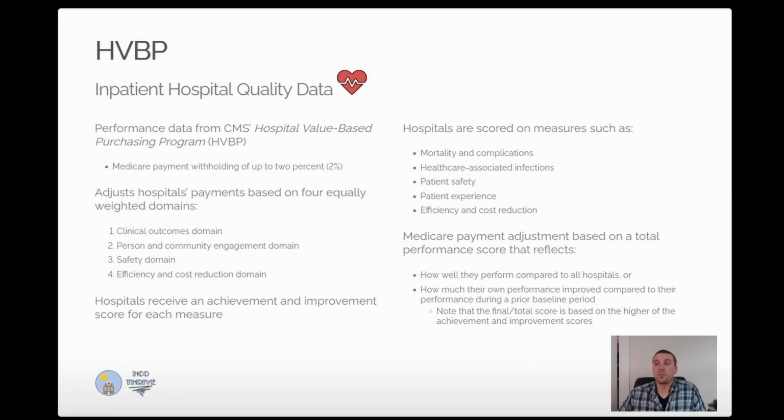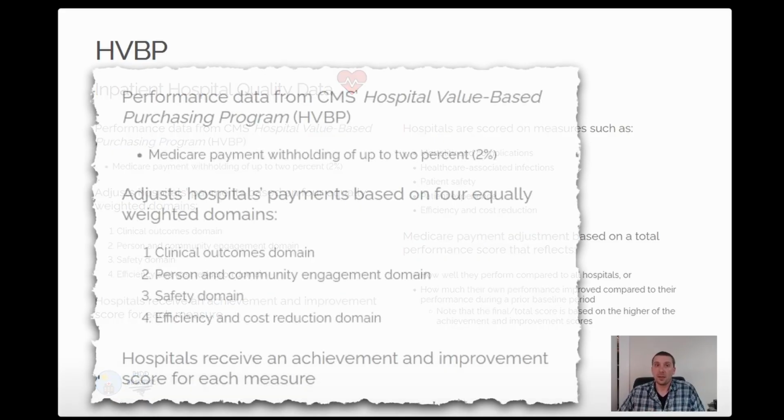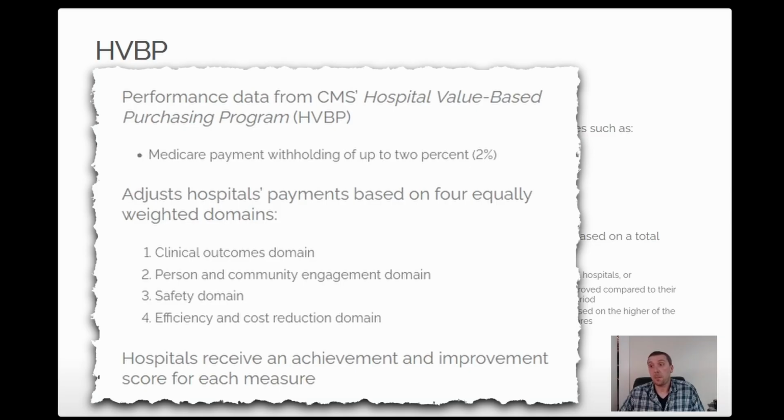So finally, in terms of programs, we have the Hospital Value-Based Purchasing Program. This can dock hospitals up to 2% payment. It's going to adjust payments based on 4 different domains: clinical outcomes, person and community engagement, safety, and efficiency and cost reductions.